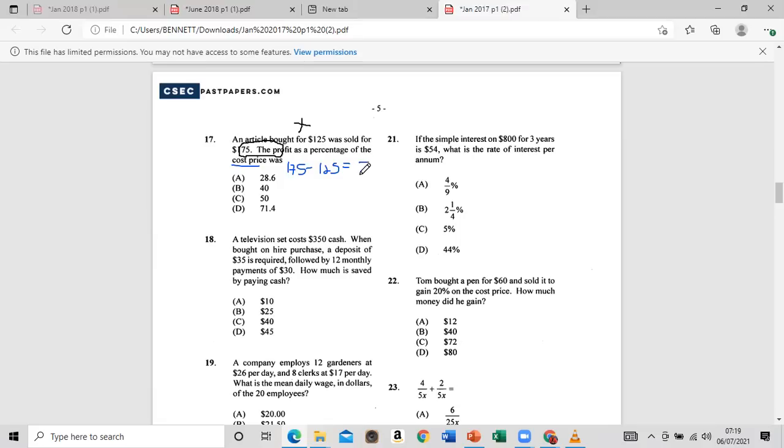Big up all the hustlers out there. Now we're going to find it off the cost price. So the cost price was $125. So we multiply by 100. So we'll go 25 into that 2, 25 into this 5, 5 into this 1, 20. 2 times 20, that's 40%.